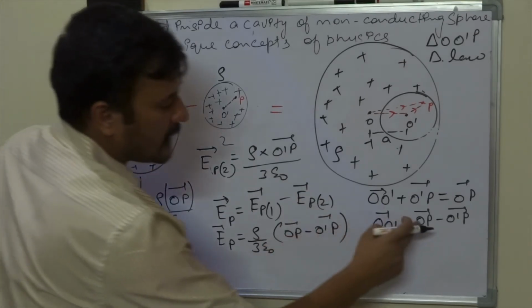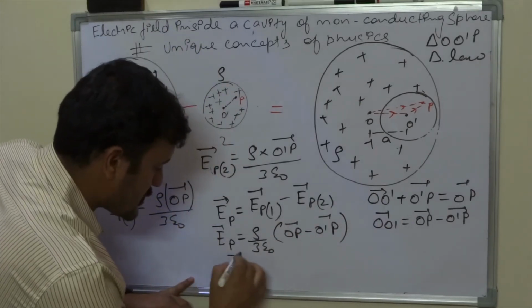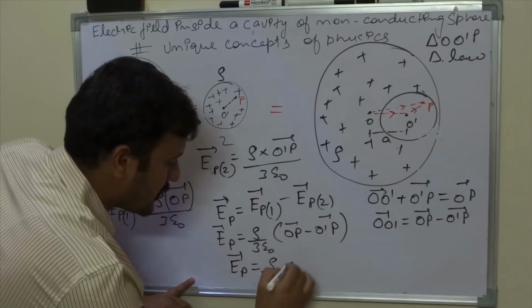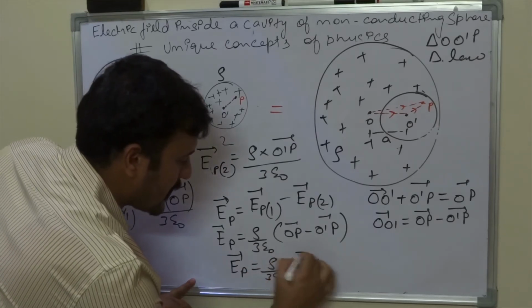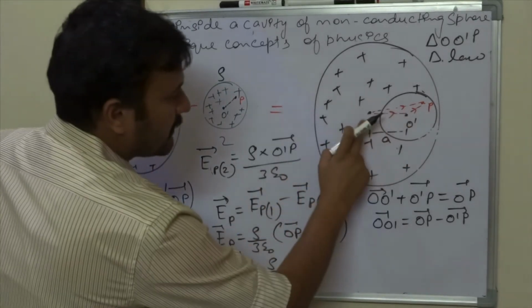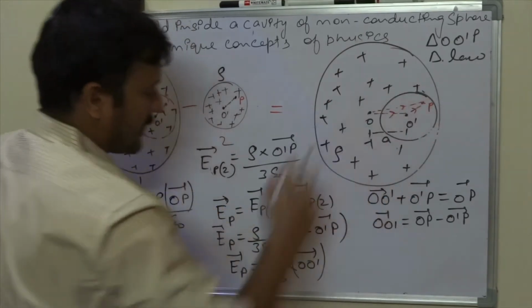OP minus O'P is equal to OO'. So the electric field is equal to rho by 3 epsilon naught into OO', where OO' is the distance between the center of the bigger sphere and the center of the cavity.